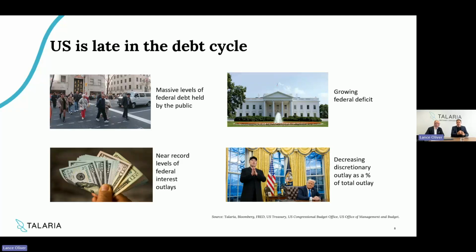The second key thing, as we've said on the right-hand side there, is you're continuing to see the deficit get larger and larger. So the requirements on a year-to-year basis are accelerating away to be able to continue to provide what they've suggested they want to their population. The third key thing, and this puts a little bit of a fire under the belly, is the total amount of government outlays that are going to interest payments. So there's a limit to that.